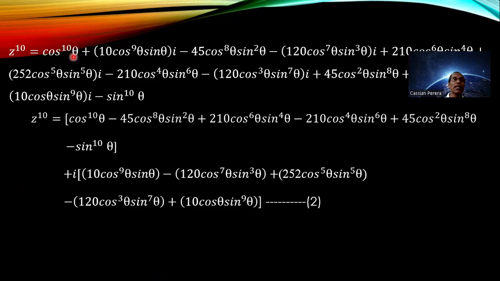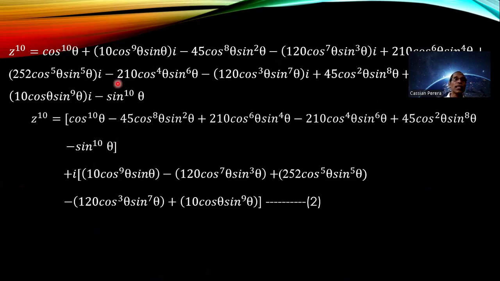The real parts are cos to the power 10 theta, minus 45 cos to the power 8 theta sine squared theta, and here plus 210 cos to the power 6 theta sine to the power 4 theta, and here minus 210 cos to the power 4 theta sine to the power 6 theta, and here plus 45 cos squared theta sine to the power 8 theta, and finally minus sine to the power 10 theta. Those are the real parts.